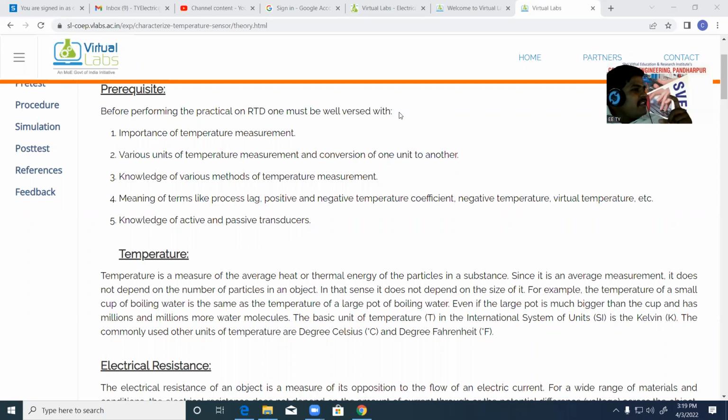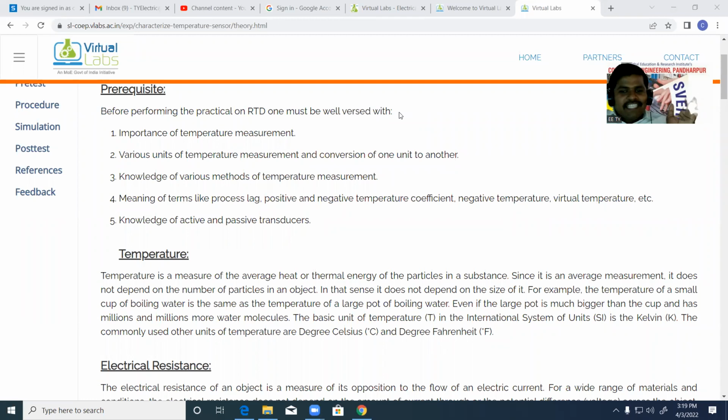Suppose we are considering 1 liter of water. That 1 liter of water will contain millions of drops. Each drop is nothing but a molecule, or a particle. So the average heat of that molecule or particle is nothing but the temperature of that specific substance, or specific element.